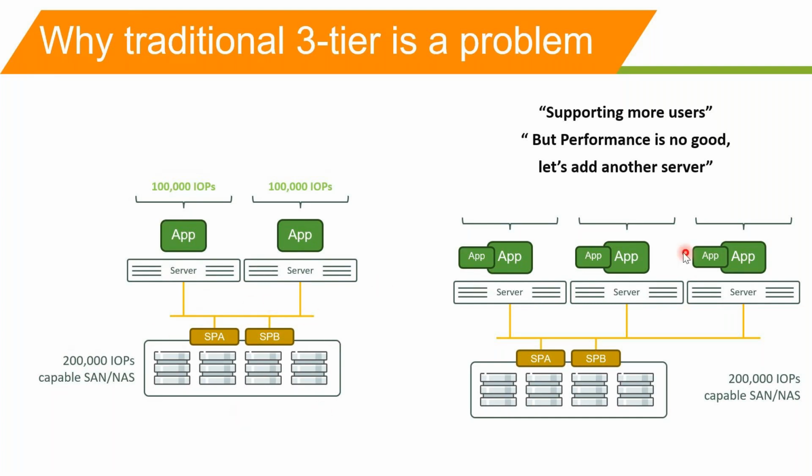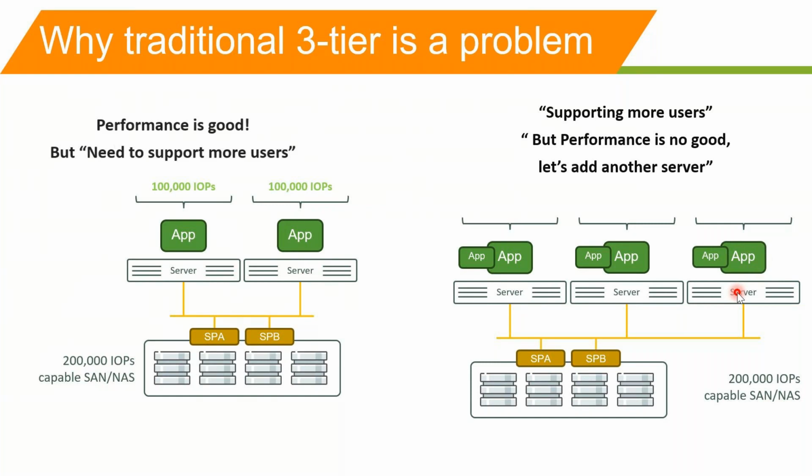Now I added one more server, a third server. On this side, I'm not scaling anything; it's still the same 2 lakhs IOPS. But I have added one extra server, which brings some CPU and memory.